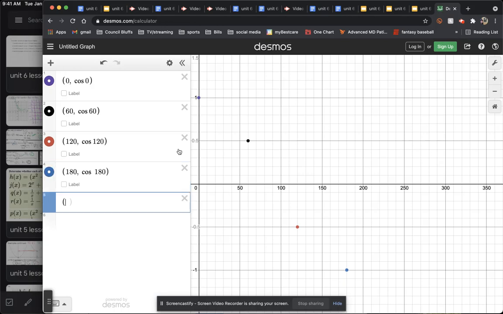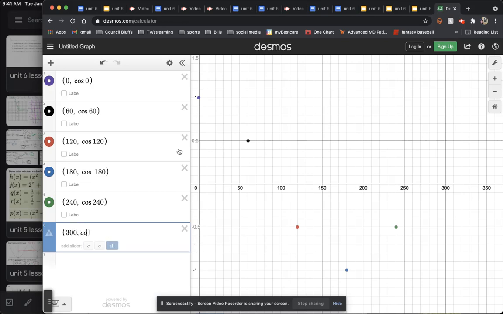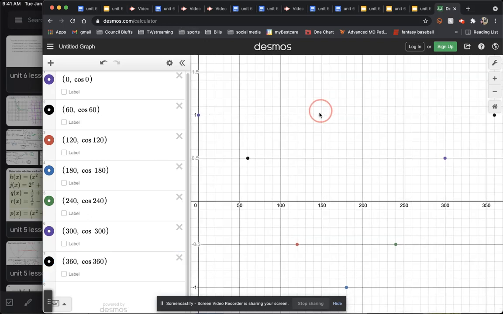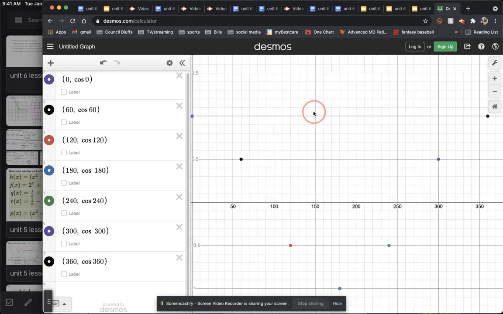And we have 240, cosine of 240. And we have 300, cosine of 300. And then we come back to 360, comma, cosine of 360. There are our points here.